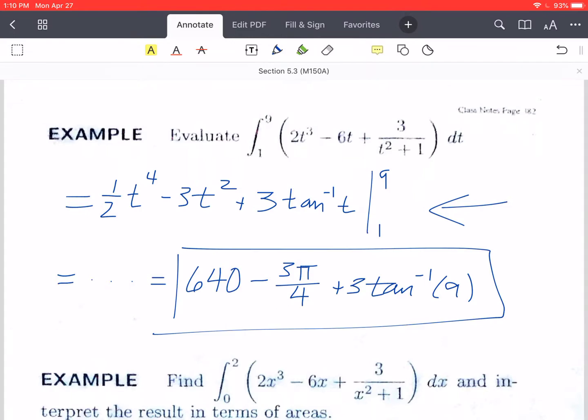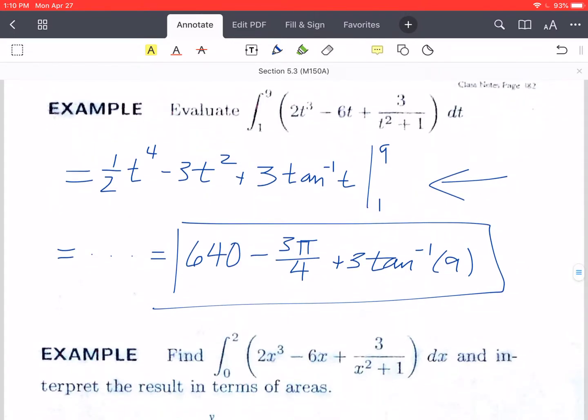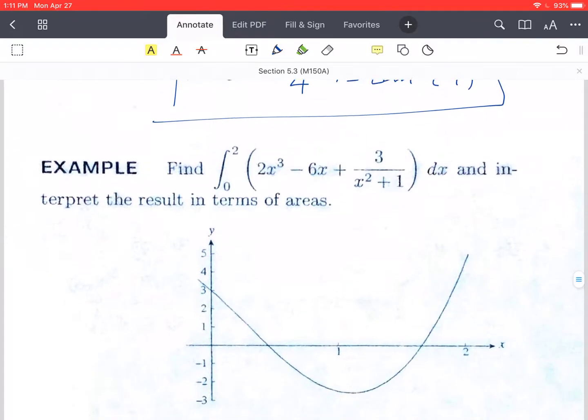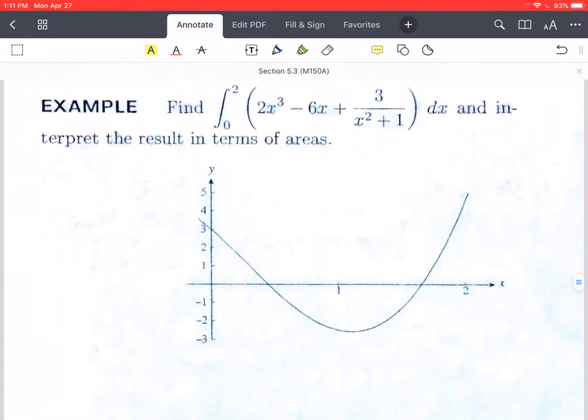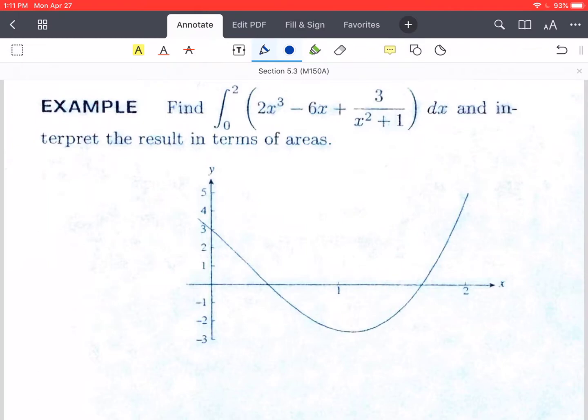Okay. Now, similarly, we have the same function, but evaluated for different bounds. So the nice thing about this is it doesn't change the antiderivative at all. So this would be 1/2, except now it's in terms of x's.